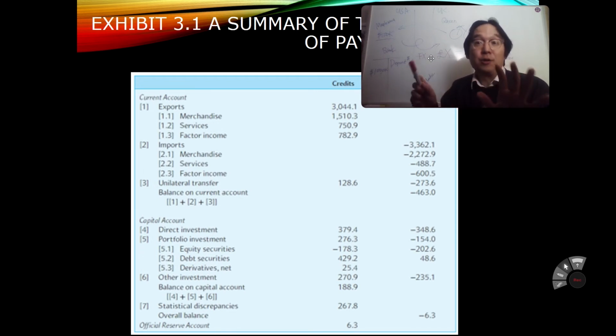Errors will be there. Transaction record errors or all kinds of things may happen. So the inaccurate part that has to be filled is called statistical discrepancies. This is a plug figure in English terminology. So we're going to go through that part later on.